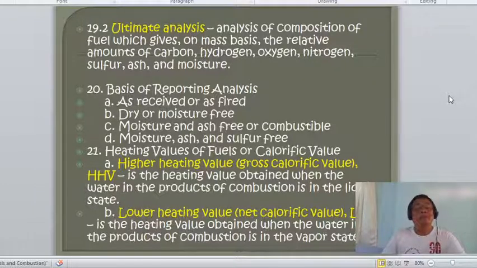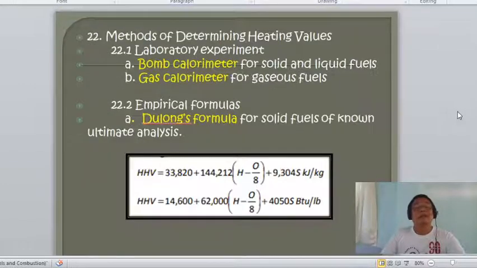Take note, higher heating value, the water in the product of combustion is taken in a liquid state. But for lower heating value, the water in the product of combustion is considered in a vapor state. Okay, so take note of the difference between the higher heating value and the lower heating value of the fuel.